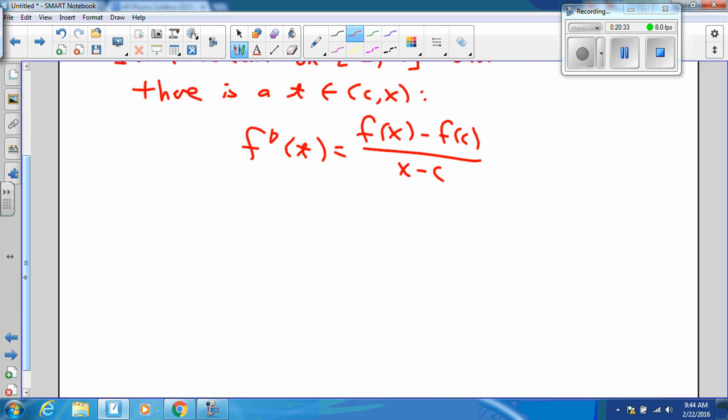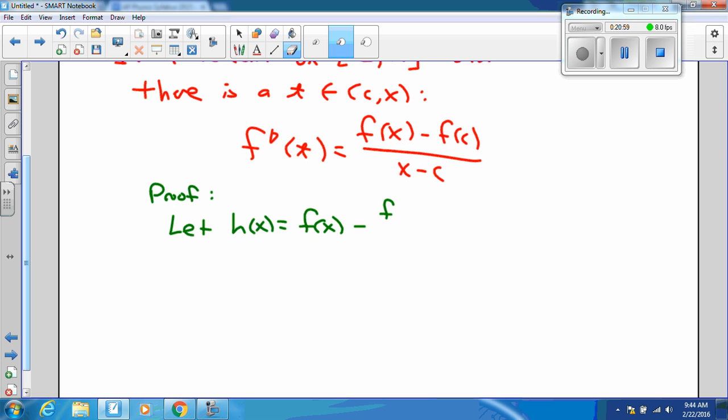All very fun. And you may even remember the proof for that. Our proof relied on creating a helper function. And our helper function was specifically our function f minus its tangent line approximation, which was, in this case, let's use t for our variable so we don't use that.